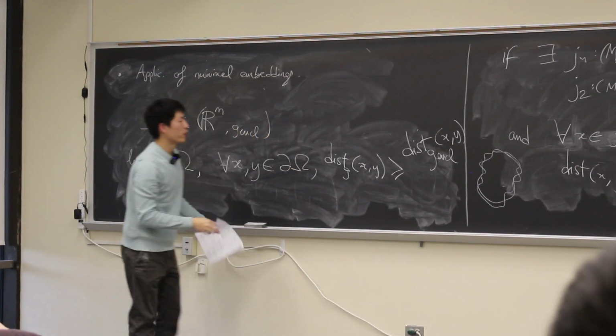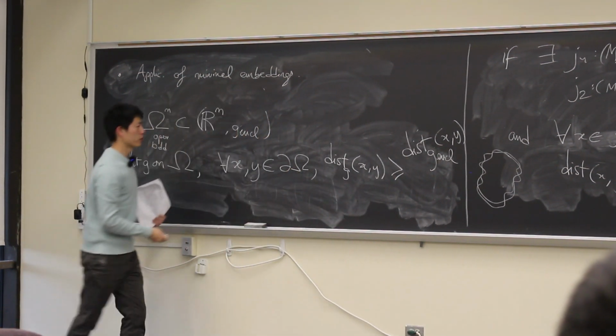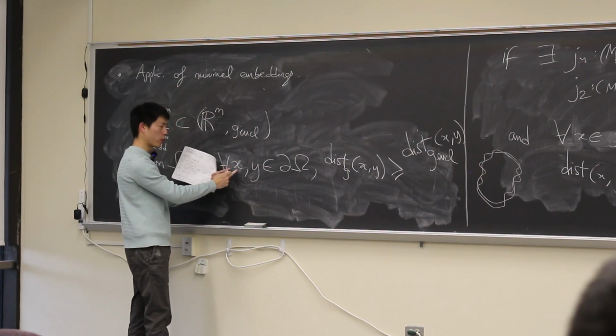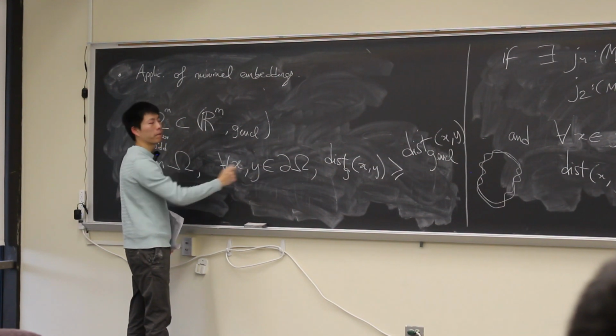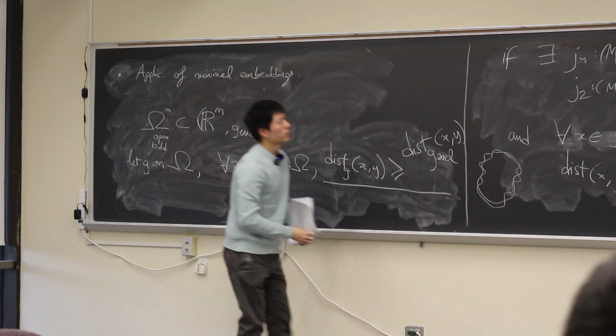So you have to imagine that you're only allowed to compare the distances for points on the boundary of Omega. And you're assuming this comparison.